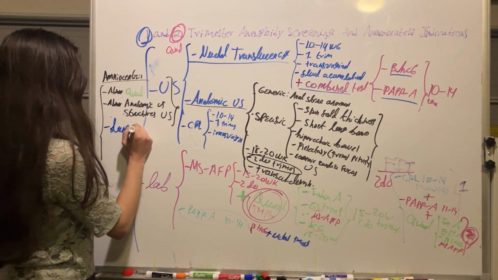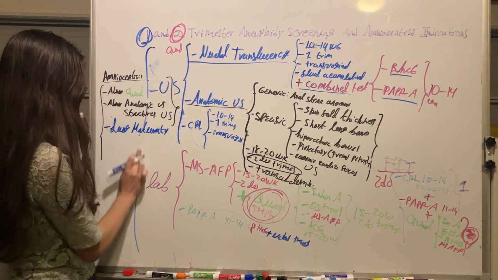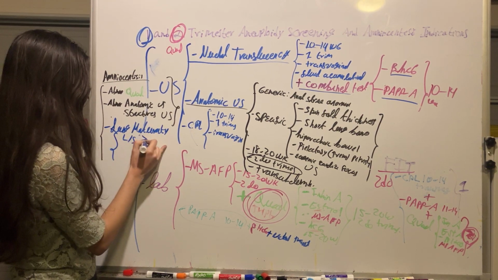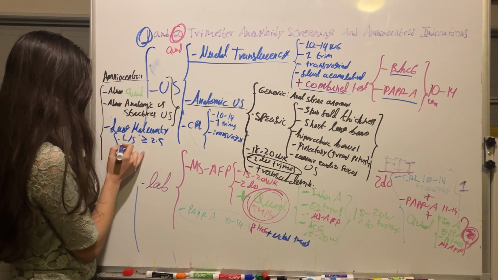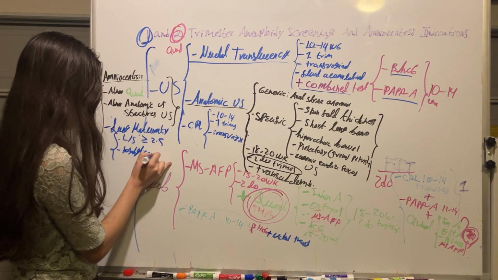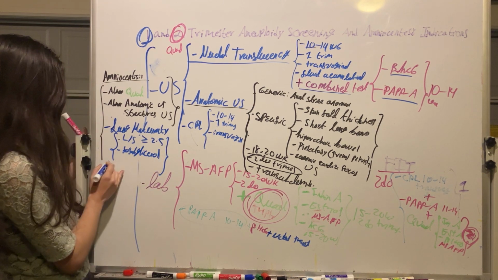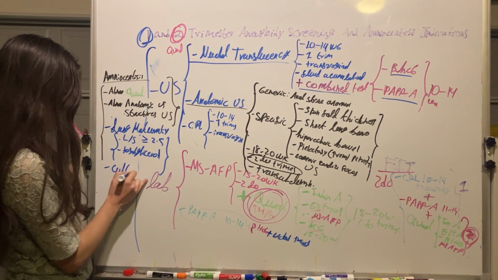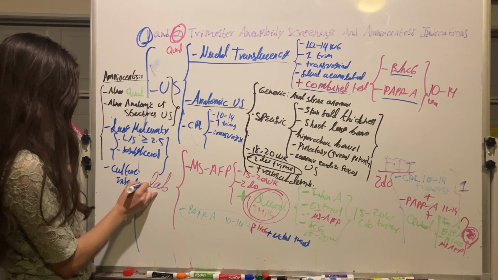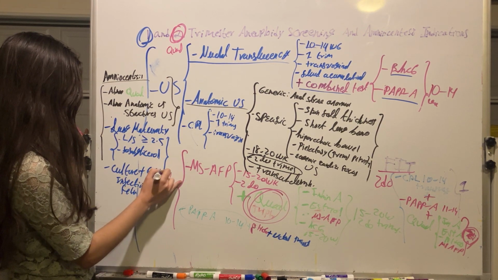So if we want to evaluate lung maturity, we will measure the ratio of lecithin to sphingomyelin, which should be greater than or equal to 2.5, or phosphatidylglycerol, or take a culture to evaluate for infection of the fetus, and do gram stain.